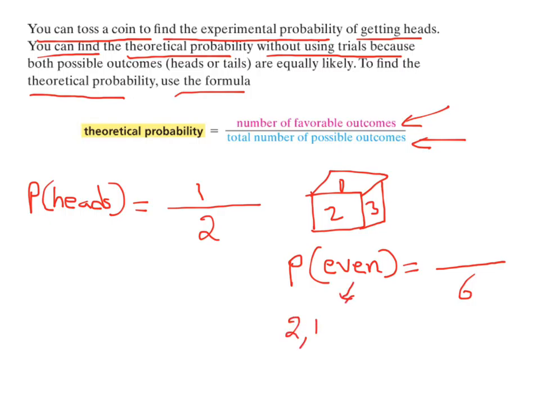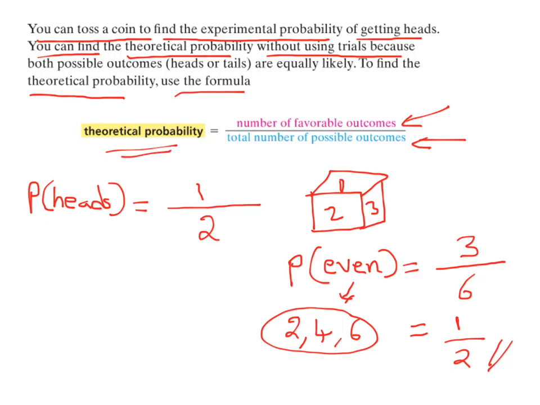It's 2, 4, and 6. So there are 3 favorable outcomes of even numbers. So the probability of a cube landing on an even number is 3/6. If you simplify this, 1/2. So theoretical probability is the number of favorable outcomes divided by the total number of possible outcomes.